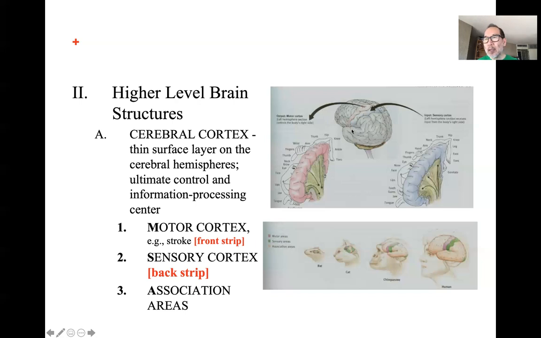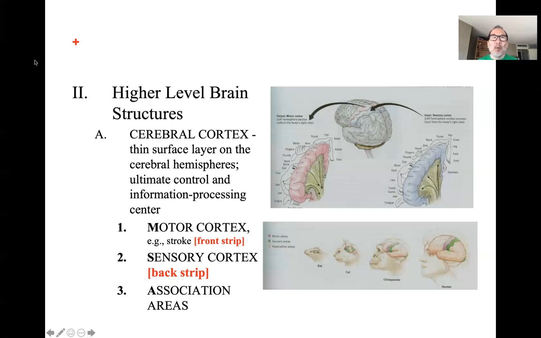Now, the rest of the brain is referred to as the association areas. Now, the association areas are huge, right? They include our ability to make connections and interconnections and complex connections with different types of stimuli out in the environment, with memories, with tactile stimulation and other senses and so on.